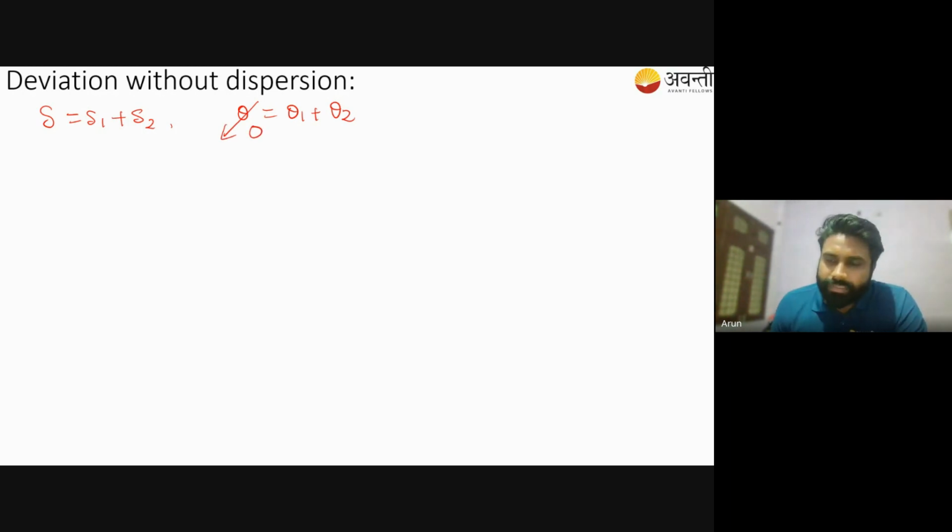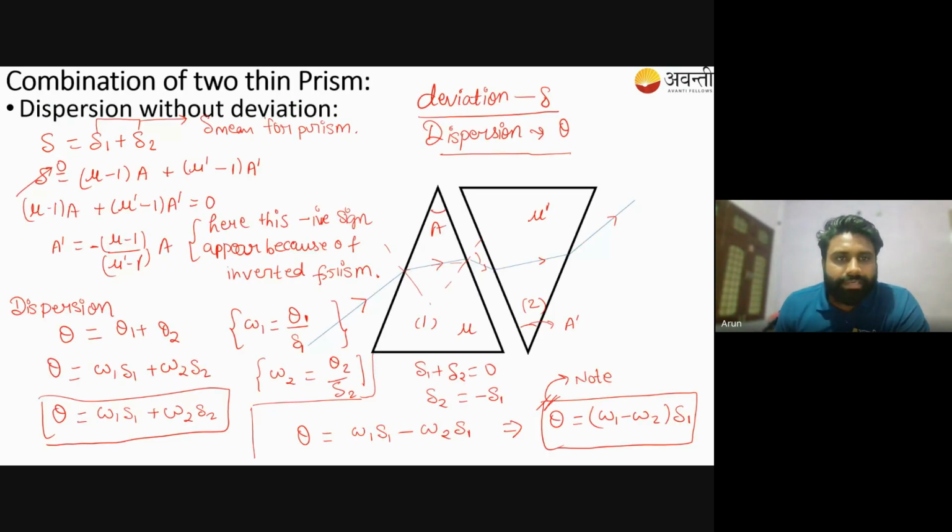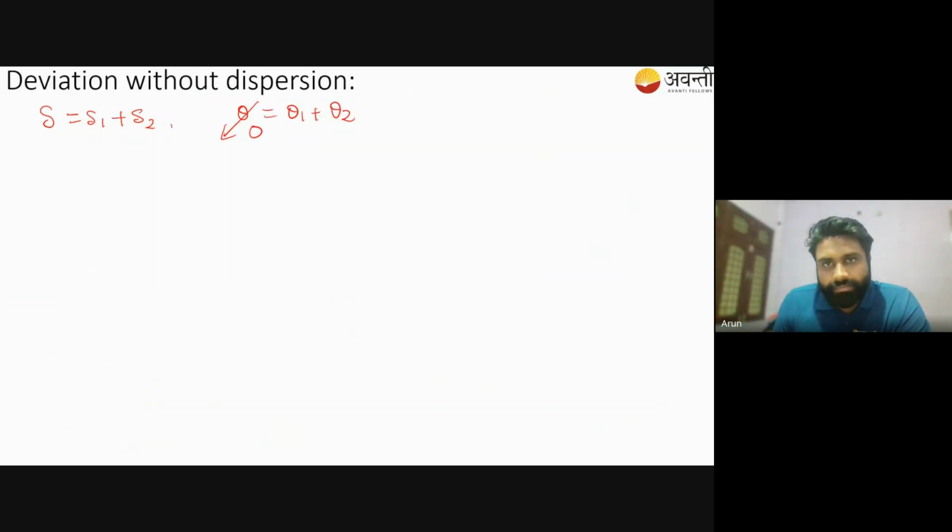What is the value of theta 1? You will see in the previous slide, the theta 1 here is in terms of omega 1 and del 1, and here it is in terms of omega 2 and del 2. But we know that for theta 1, we have considered the angular deviation. What is the value of that?